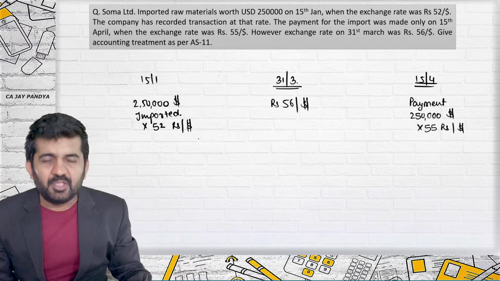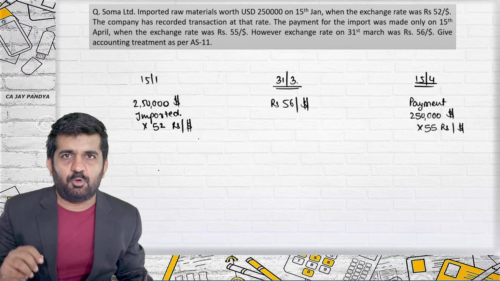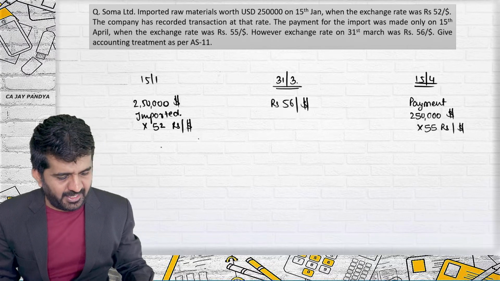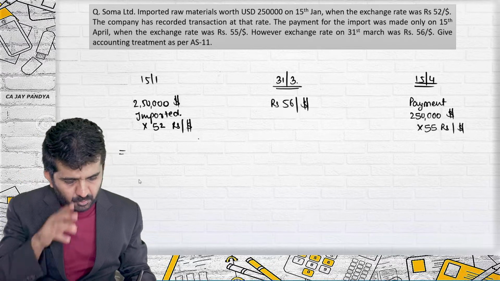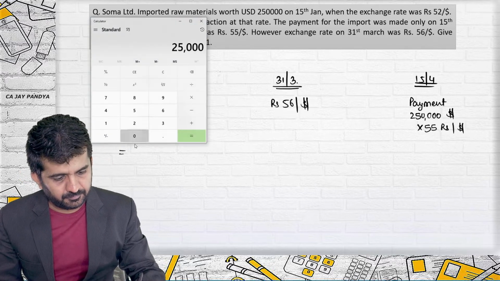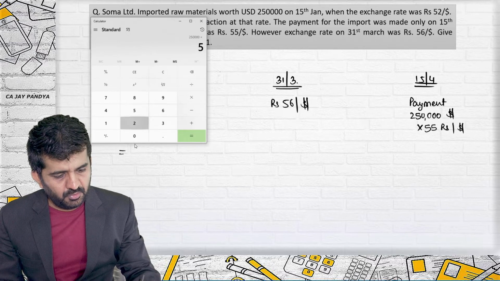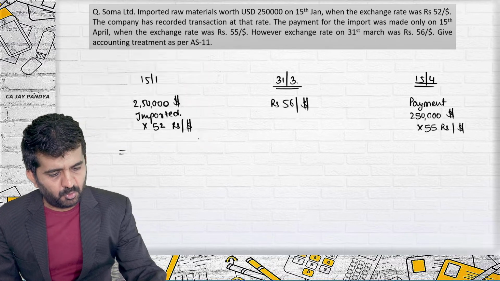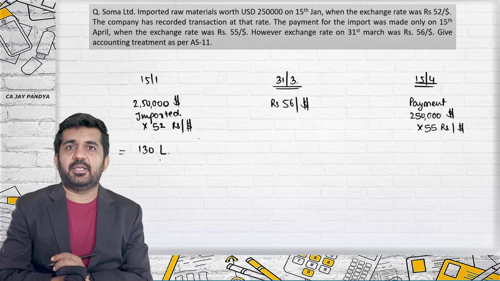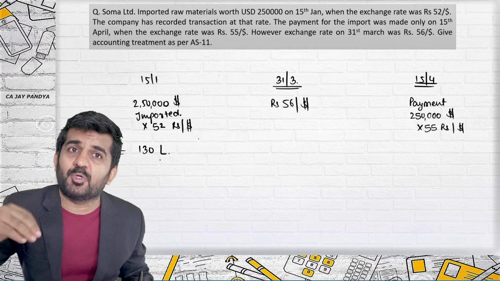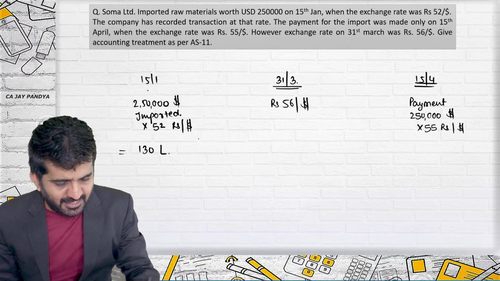They are not asking us for a journal entry. Is it correct? On this date, practically what will be recorded is purchase account debit to creditors at what rate? 52. So it will be 250,000 into 52, which is 1 crore 30 lakhs or 130 lakhs. Creditors will also be recorded at 130 lakhs as on this date.